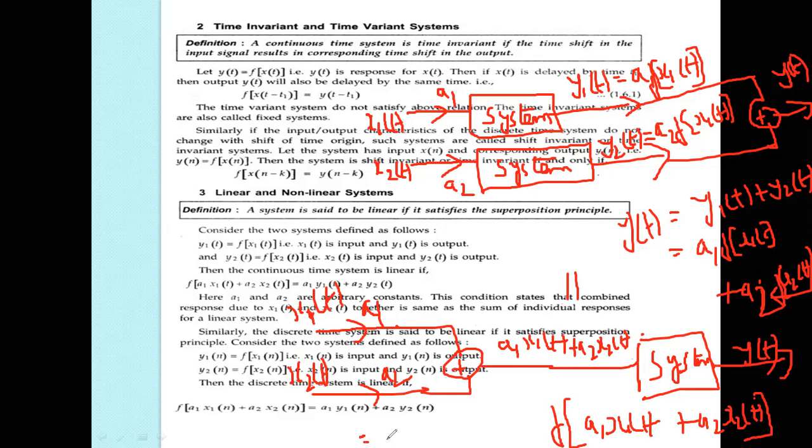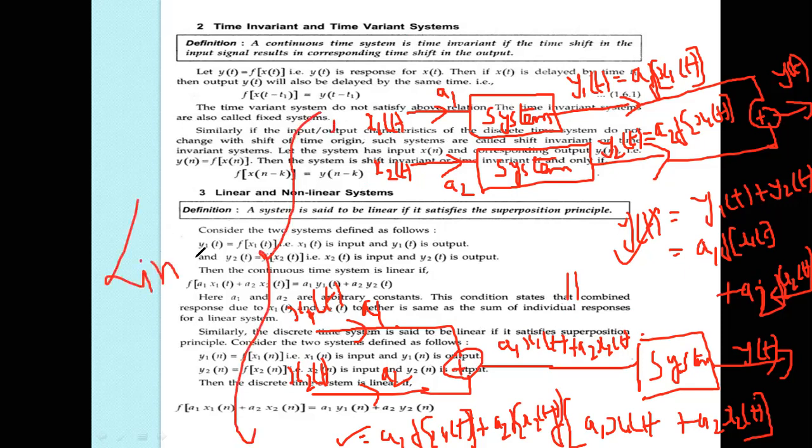Now I'm taking that as a1 into the function of x1 of t plus a2 into the function of x2 of t. So both are the same here. Whether the signals are given individually to the system, or added first and then given to the system, if both are the same, then you can call that system a linear system.